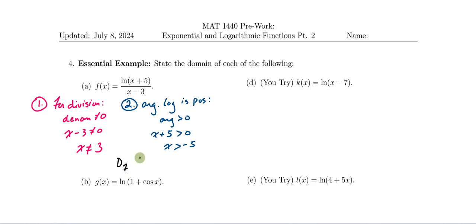The domain of f then would be from negative 5 to 3 unioned with 3 to infinity. So this statement told me that x needs to be greater than negative 5, and notice that's incorporated here, but then we need to pluck out the value that would give me a 0 in the denominator, so we plucked out the number where x equals 3, because that would result in a 0 in the denominator. So here is our domain for this composition of these two functions.